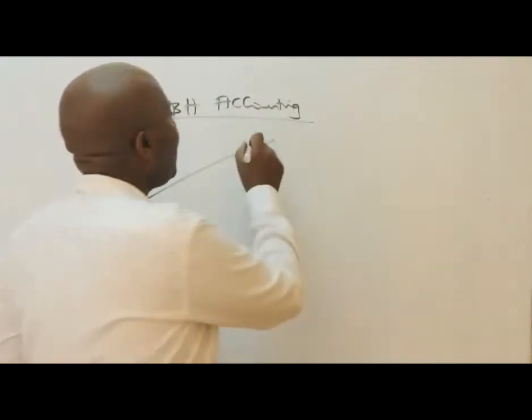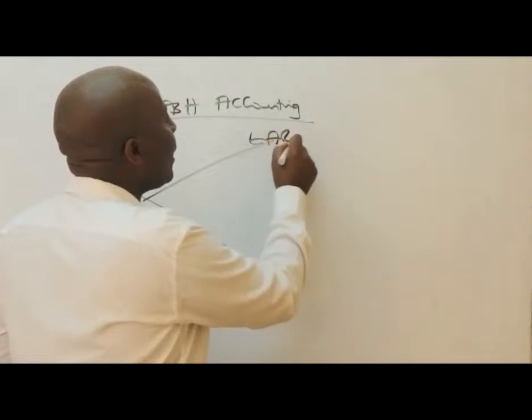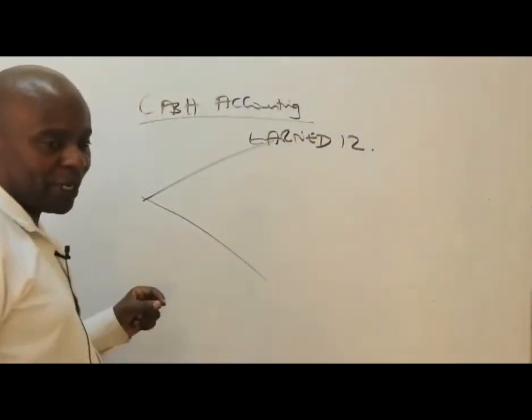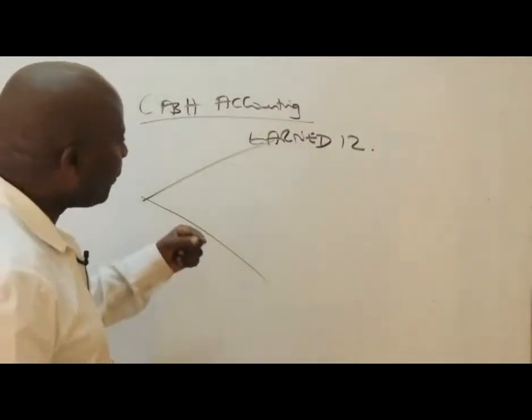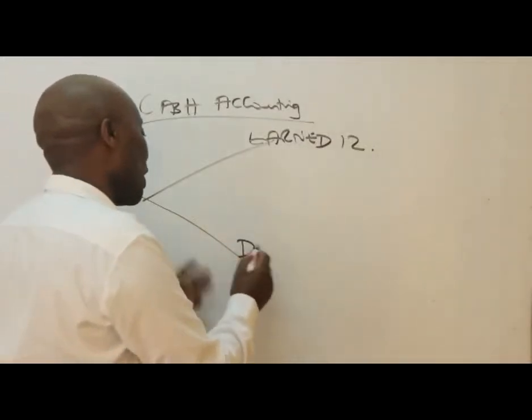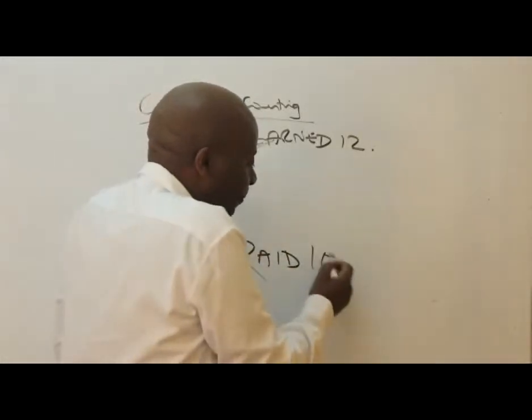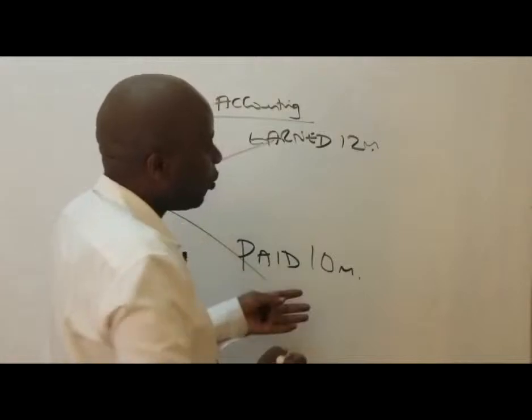So assuming that this year we have earned 12 million, at the end of the day some students, of course, will run away, and we shall be paid something like 10 million. So 12 million versus 10 million.